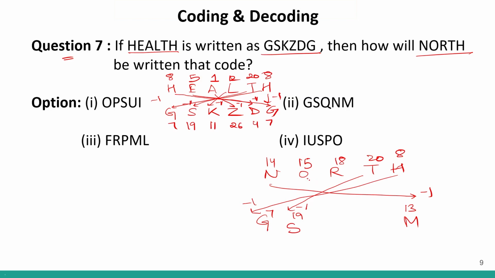And from O, if I go -1, how much will I get? I will get 14, which is N. And the only letter remaining is R. So if I go -1 from R, I will get 17, which is Q. So my code will be G, S, Q, and M, which is given in option number 2. So option number 2 will be the correct answer to this question.